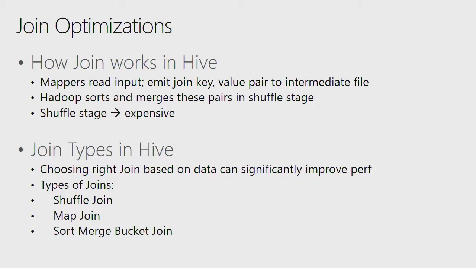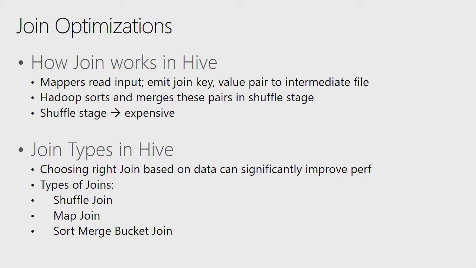Typically, you have mappers which read input, which then emit a join key value pair to an intermediate file, and then there's a shuffle stage where the sort and merge is actually done, and this shuffle stage is the most expensive. So if there's any way you can improve the performance in the shuffle stage, it will give you huge gains. So let's talk about that a little bit more.